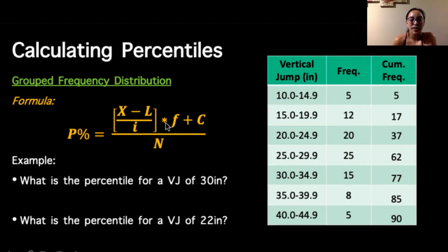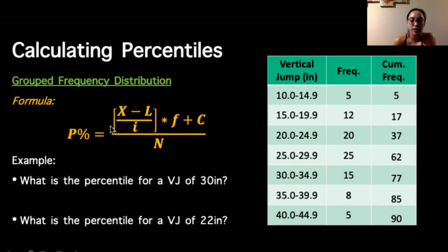We then multiply that by our frequency in the group in which 30 is located. So the frequency of this group is 15. So this area was equal to 0 times 15, which is still 0. Right?